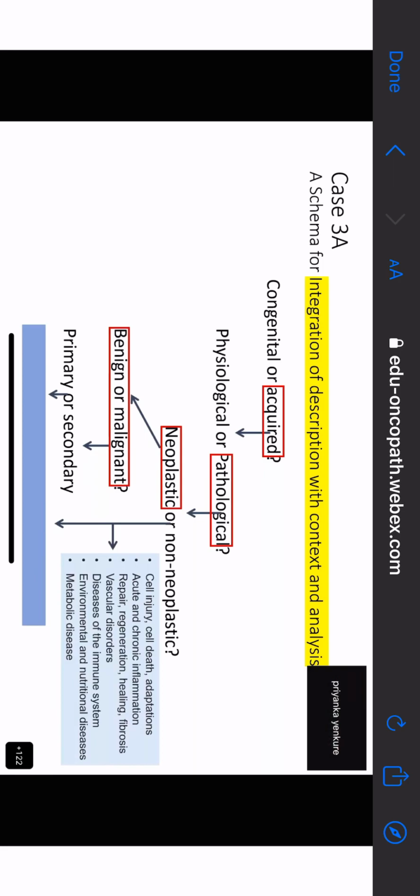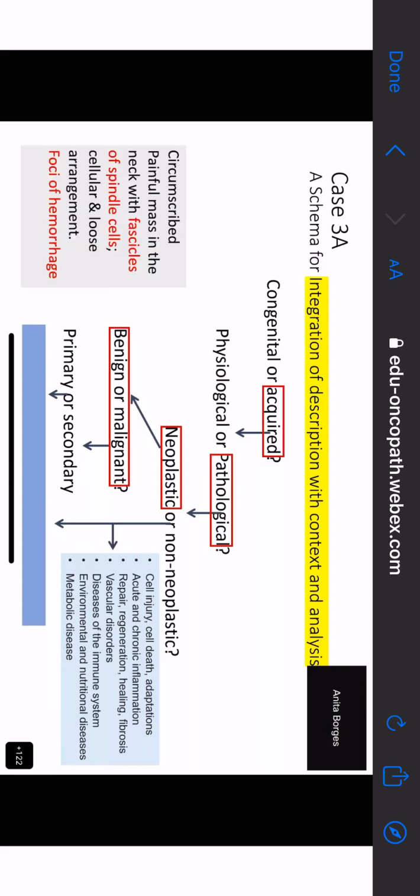So now we have to go and find out what it is, right? We have to make a description. So it is circumscribed. It was, you know, the history. It was a painful mass in the neck, and you described it right. There are fascicles of spindle cells in a cellular and loose arrangement. You saw the clear cells over there, and there were foci of hemorrhage.